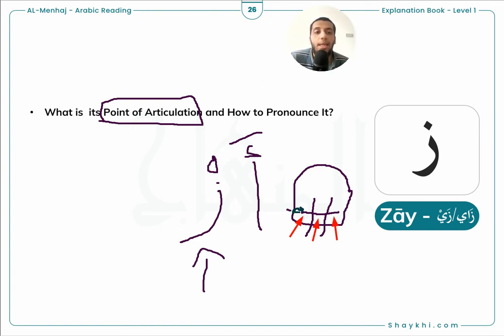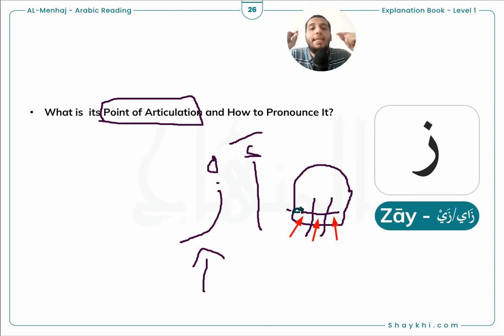Also Allah subhanahu wa ta'ala says: الزانية والزاني فاجلدوا كل واحد منهما 100 جلدة.